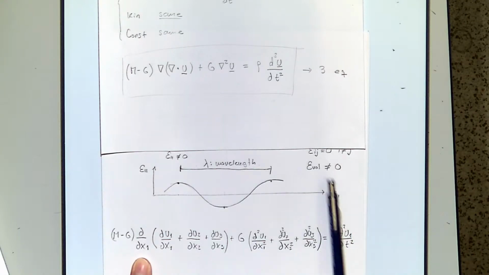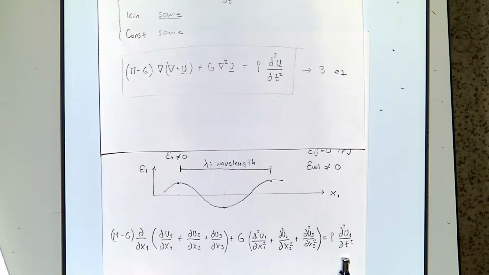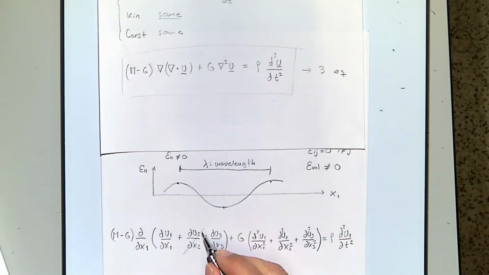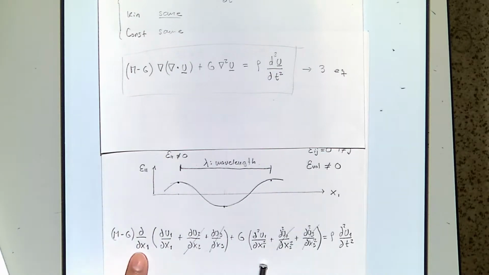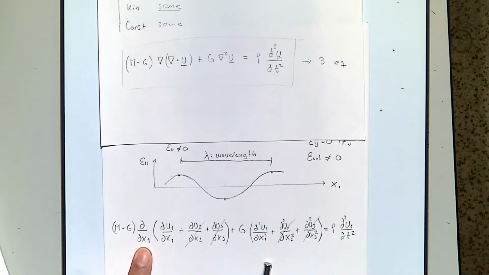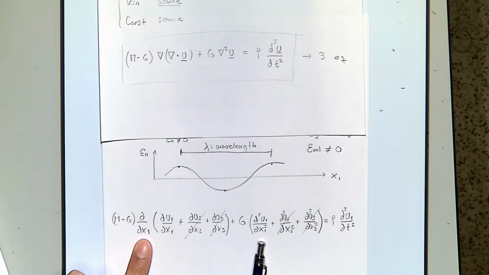And now it's very important here that now we have u1. According to our assumptions, we're saying there is no displacement in direction 2. There is no displacement in direction 3. So all of these are going to go to 0. And notice that this is the second derivative of u1 with respect to x1, and this is the second derivative of u1 with respect to x1. So it's going to be the same.